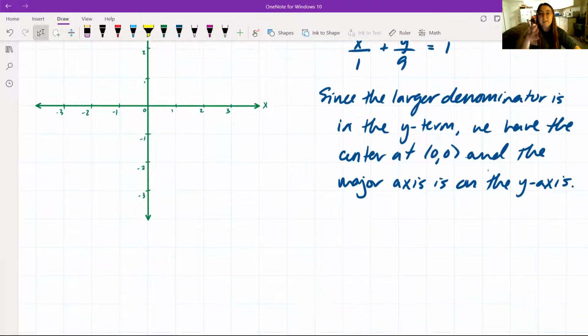All right, so we know our center and we now know where our major axis lies. Now we want to solve for our a squared, our b squared, and our c squared.